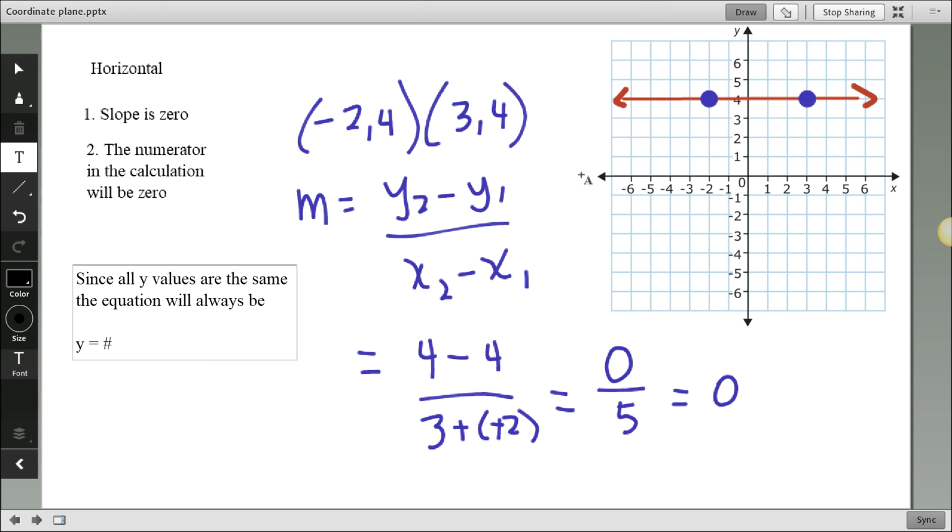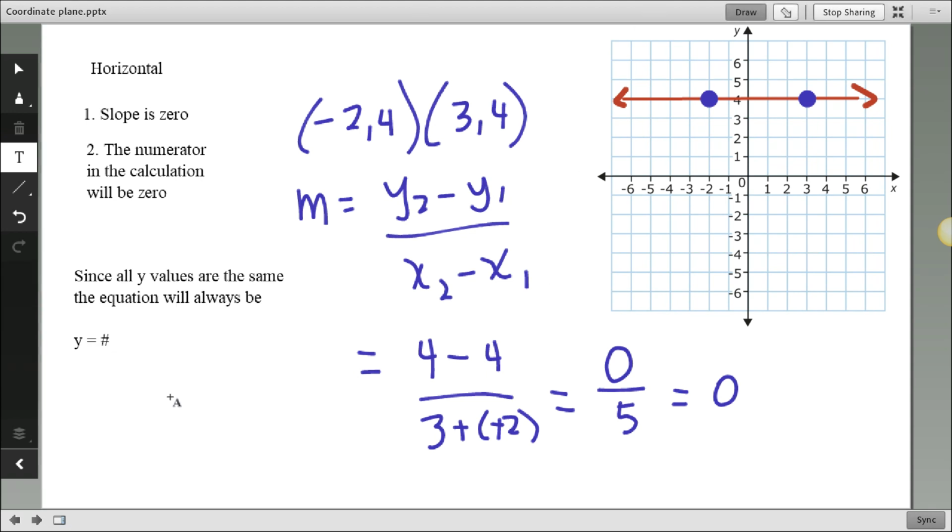So in this particular instance, looking at this graph that we've got right here, the equation will be y equals 4 because every y value is 4. So that is the equation.